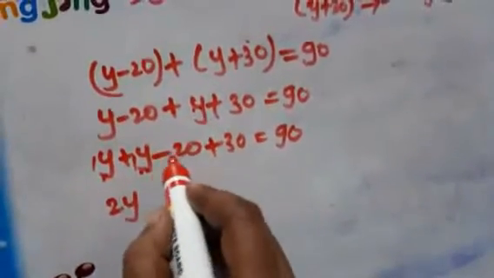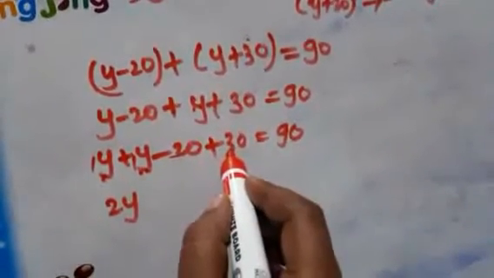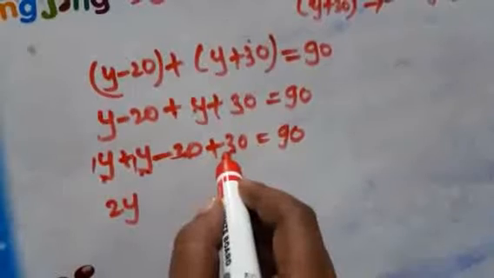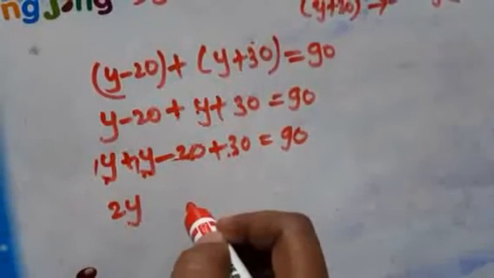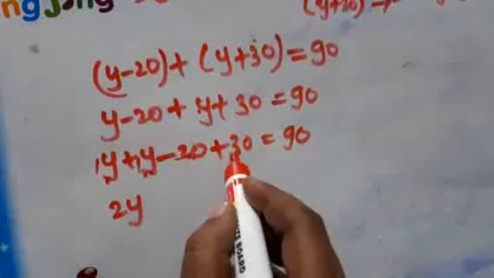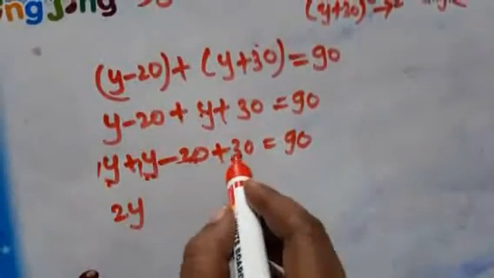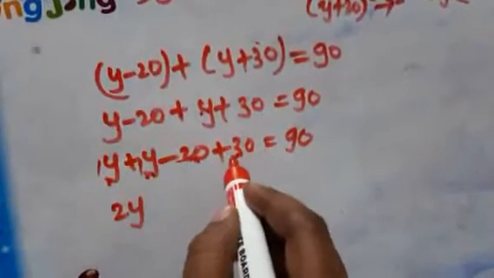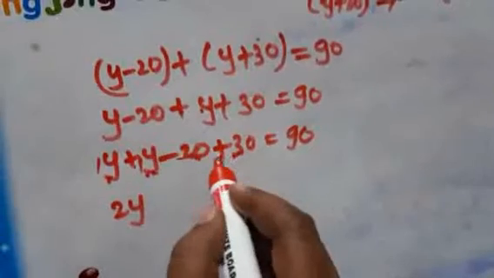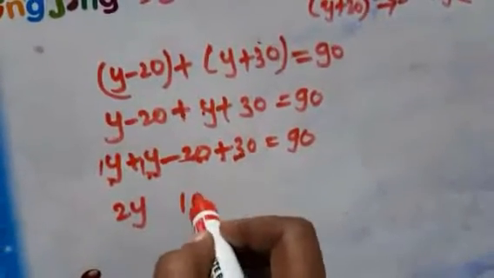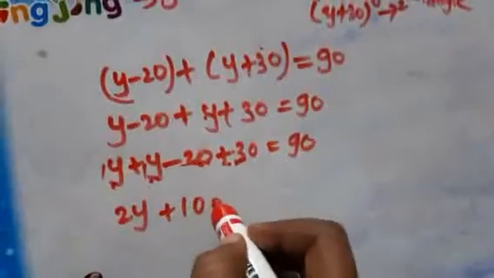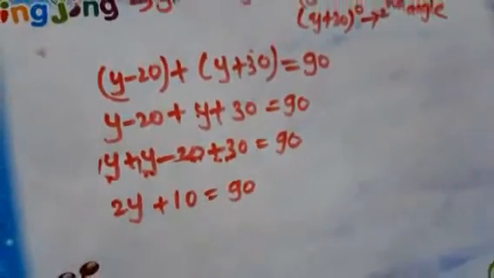Now this 20 is negative and 30 is positive. These two have opposite signs. So we will subtract them and give the sign of the greater number. Out of these two numbers, 30 is bigger, which has the positive sign. So simply 30 minus 20 is 10, with a plus sign, is equal to 90 degrees.